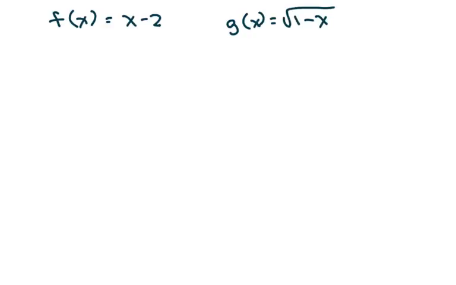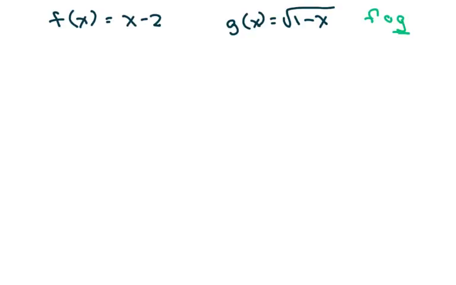Okay, the next one we have is f of x equals x minus 2, and g of x is the square root of 1 minus x. First thing we do, we got to do f of g.